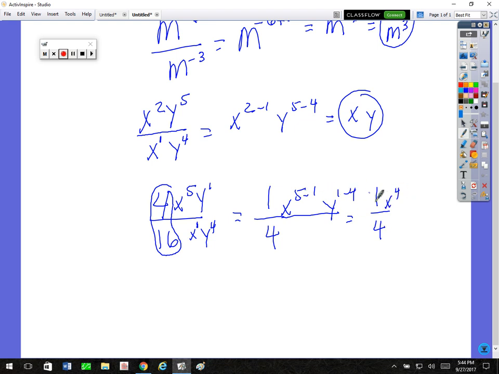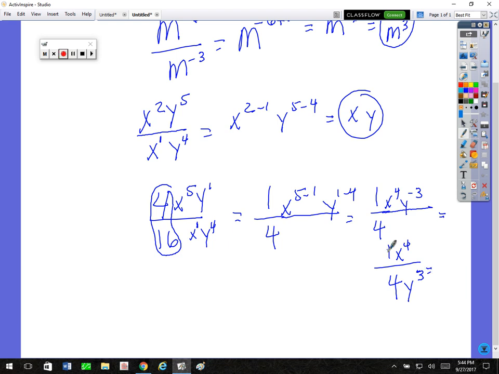But now right here, 1 minus 4 is going to give me a negative 3. Okay, so I'm looking here and I see this guy. So what I'm going to do is drop right down here, rewrite my fraction, leave this guy up to the top, leave this exponent here, and let's bring this y to the negative third down here. And when we do, we change it to a positive answer.